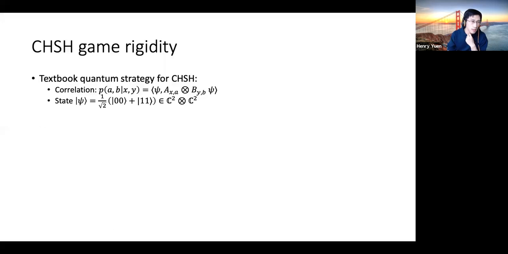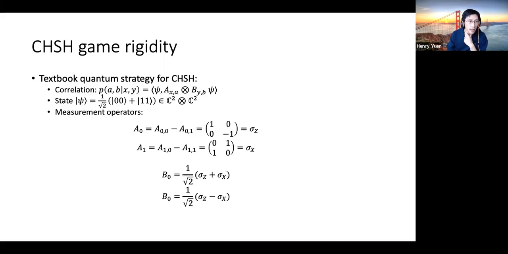It's called the maximally entangled state. Here's a description of the measurement operators. Forget the B's for now, and let's just look at the A's. When the first box gets question 0, it performs a measurement that has two projectors, A00 and A01.